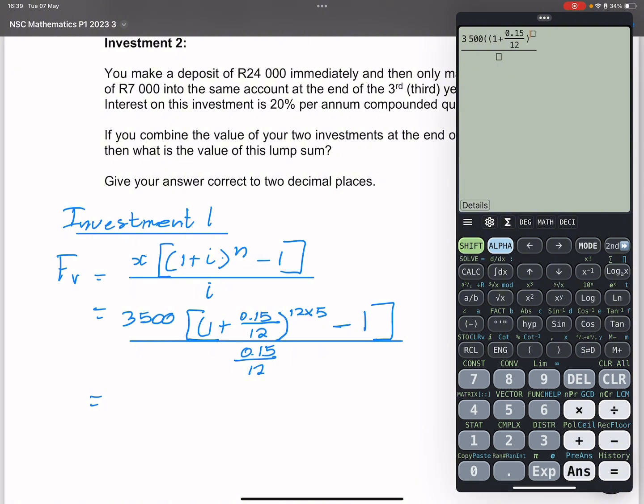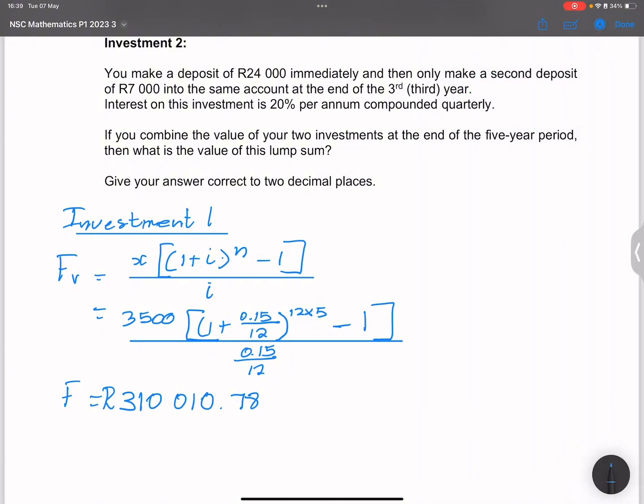So I'm going to say y to the x, 60, and we're going to subtract 1 from there. I close that bracket, and this is divided by 0.15 divided by 12. So I get an amount of 310,010 rand and 78 cents. That's what I would get for the future value of my first investment.